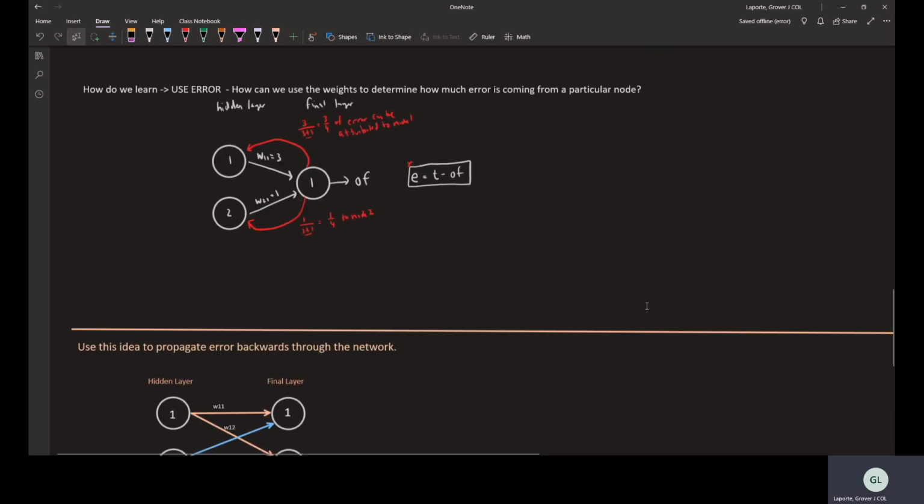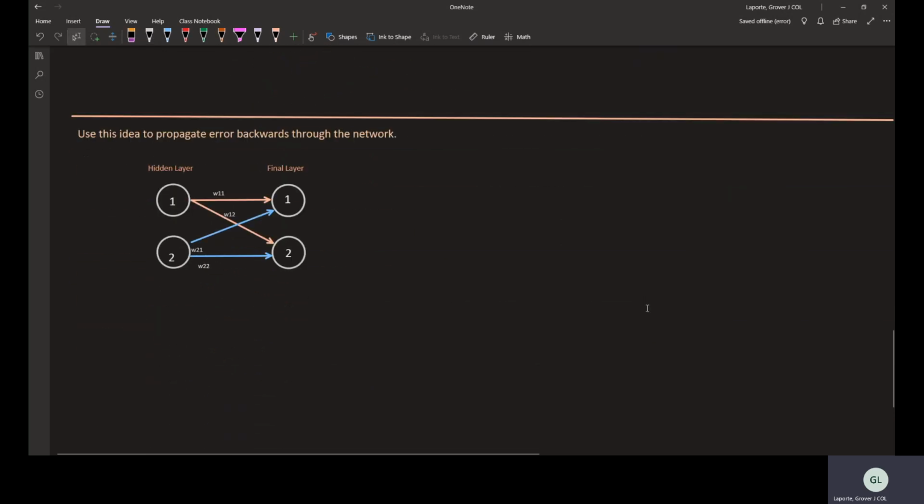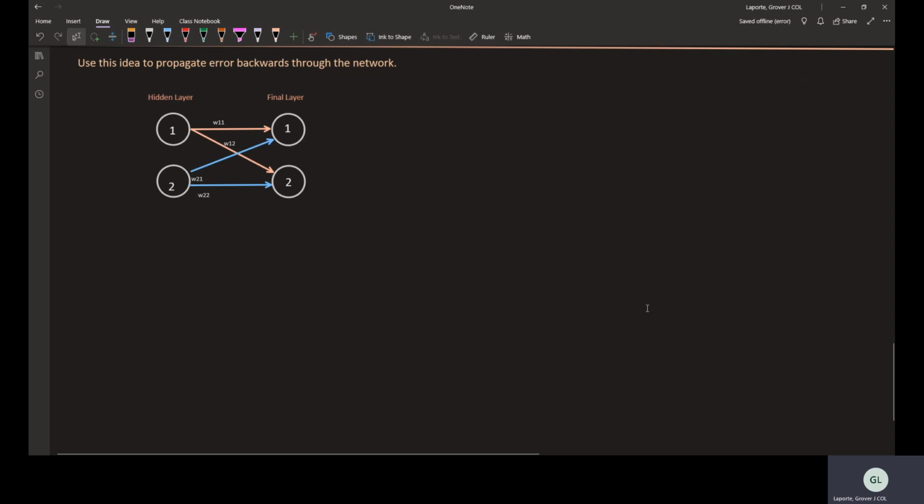All right, so with that in mind, let's go ahead and find a hidden layer error of this network, and we'll see back propagation.